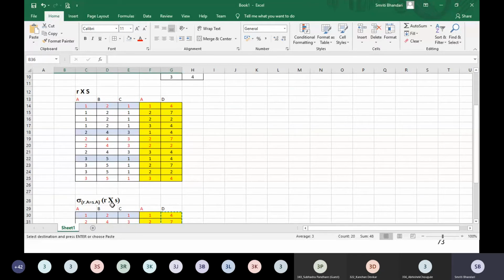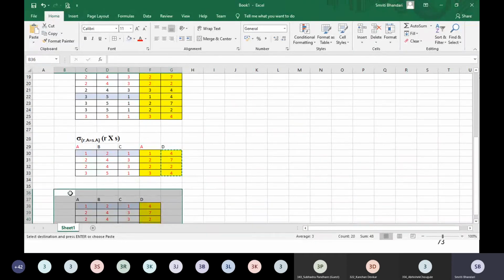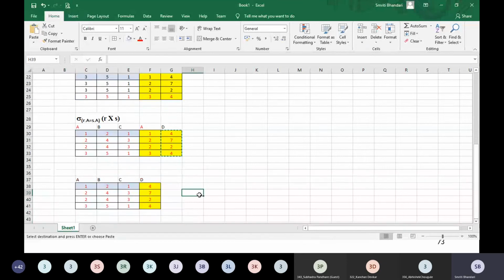We are performing R cross S, then on R cross S we are imposing the predicate for common attributes using the select statement, and further we are using the projection operation to select only the attributes in R union S, right? And ultimately we are getting this result, and this is nothing but our natural join, right?